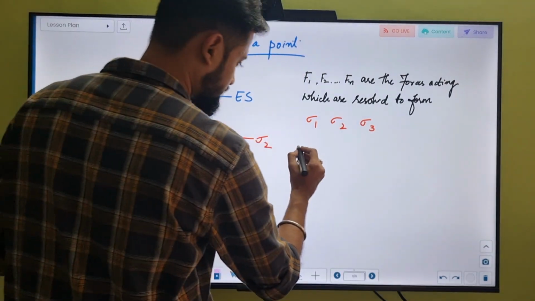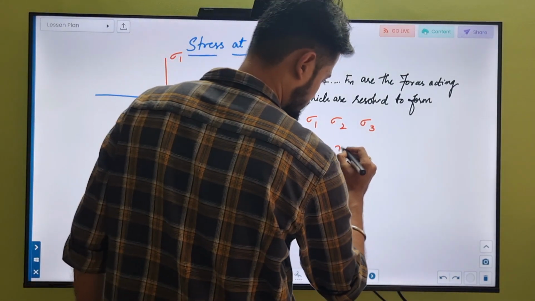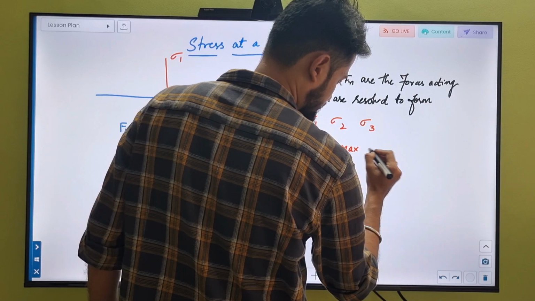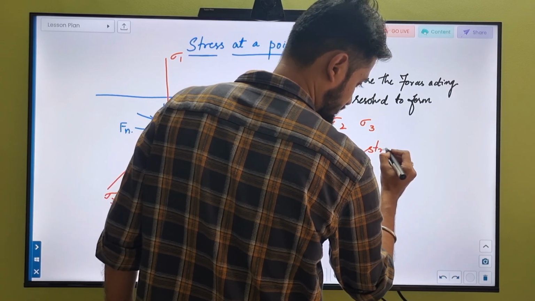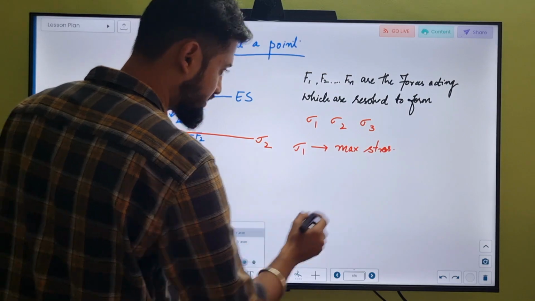Here sigma 1 is the maximum stress, or the maximum principal stress.